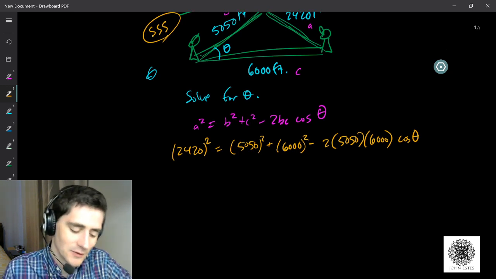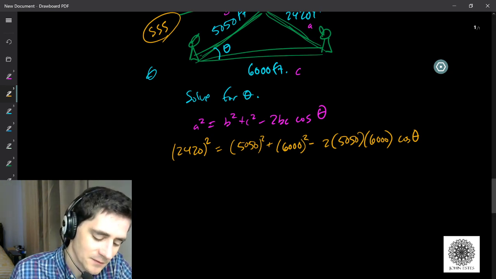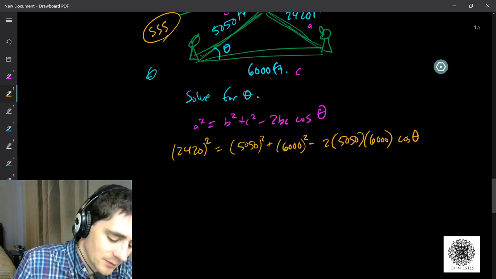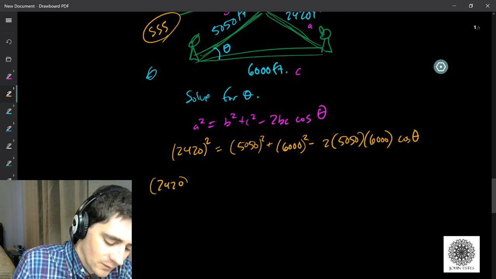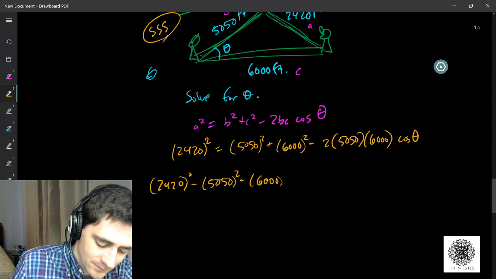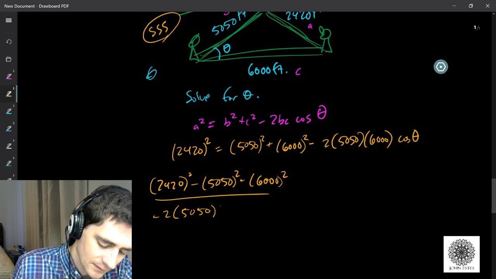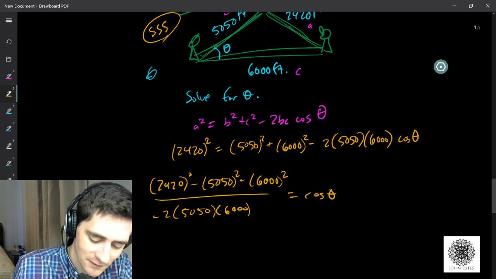We'll get something less than 1 each time. So I subtract over the 5,050 squared and the 6,000 squared, so I end up with 2,420 squared minus 5,050 squared minus 6,000 squared. And then I divide both sides by negative 2 times 5,050 times 6,000. And that's my cosine theta value.